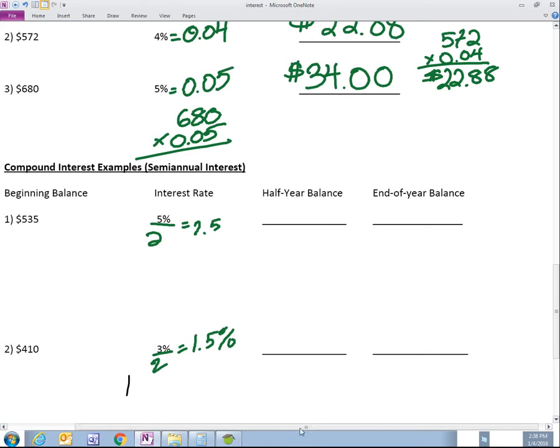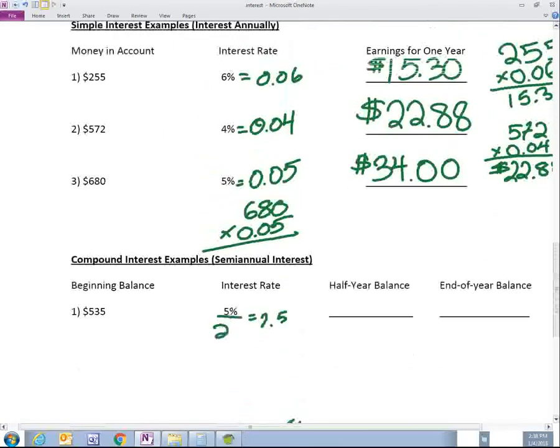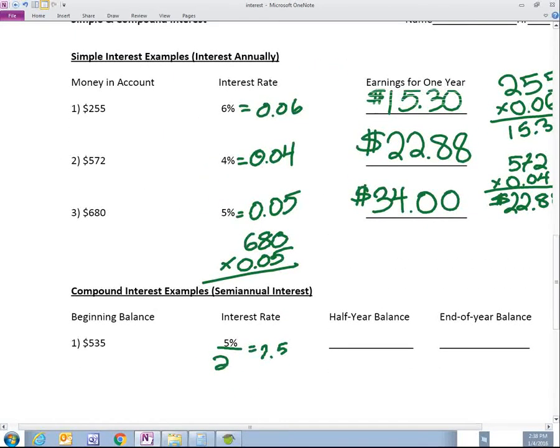And here's something to point out. Look how the earnings for 1 year are going up, even though the percentages are going down. See how the percentages are getting lower for number 1, 2, then 3? But it's because of the amount of money that you have put in there.